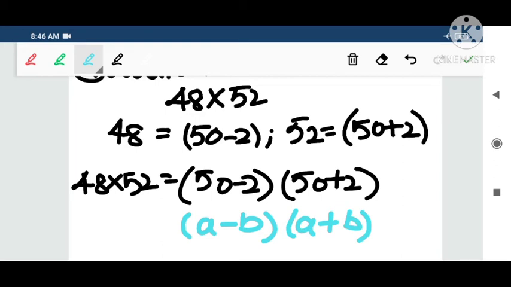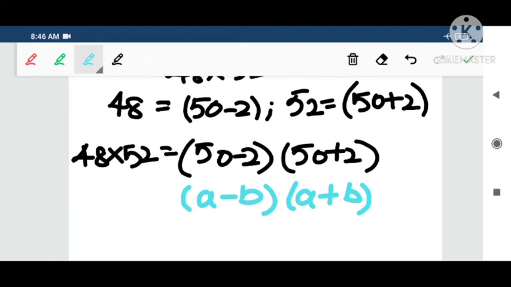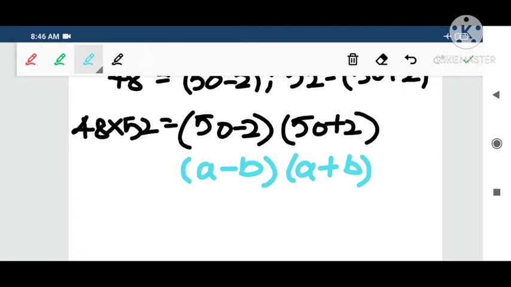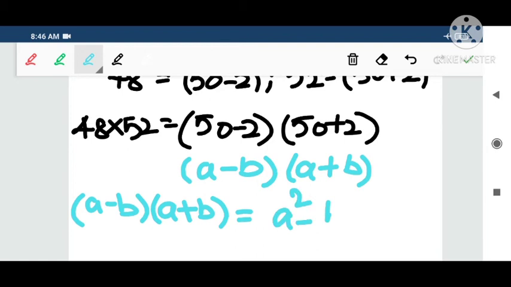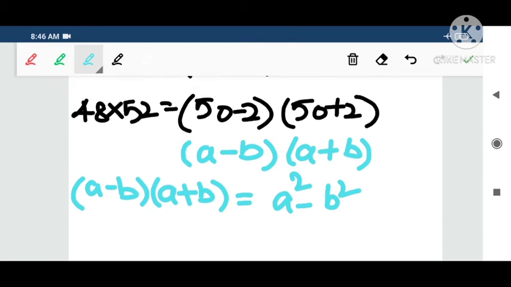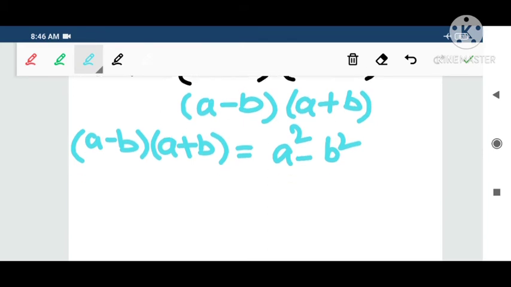So the identity is (a minus b)(a plus b) is equal to a square minus b square. Before finding the value, what is the value of a and b? a is 50 and b is 2.